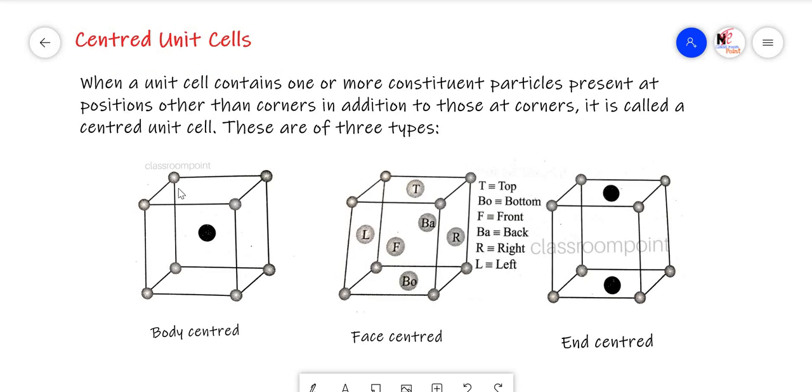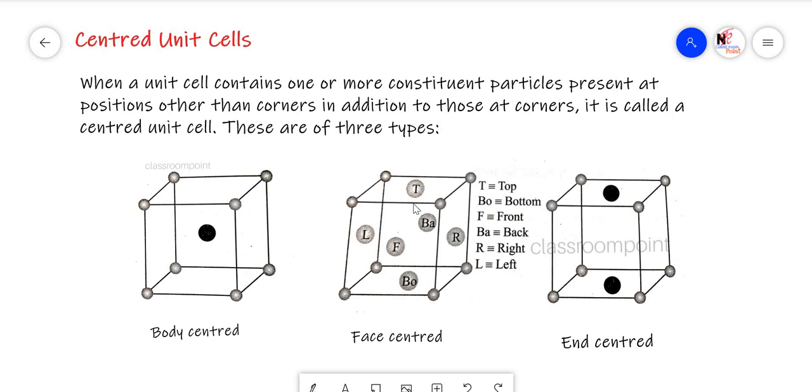In centered unit cells, the constituent particles not only occupy the corner positions, but apart from the corner positions, they also occupy other positions of the unit cell. See here in this particular unit cell, the constituent particles occupy all 8 corners along with the center of the body of the cube. Such a unit cell is called the body centered unit cell.